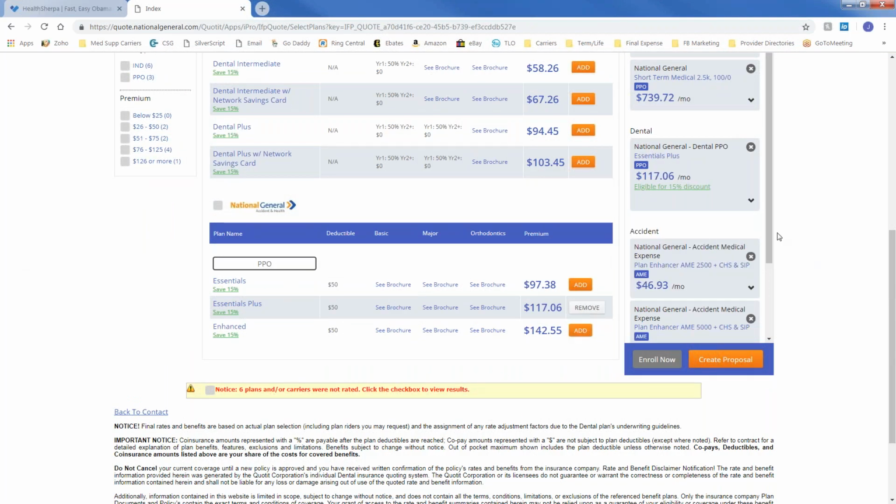You would add that price into each of the different quotes and quote the client a full price: for the $2,500 deductible plan, $903.71, and for the $5,000 deductible plan, $677.21.